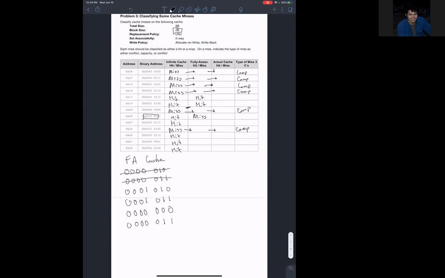So now we're going to do a lookup for 0x07. And as Brian kind of noted, this address has just been kicked out. So it has to be a miss. And because it's a miss, we kick out the least recently used and add it back in.